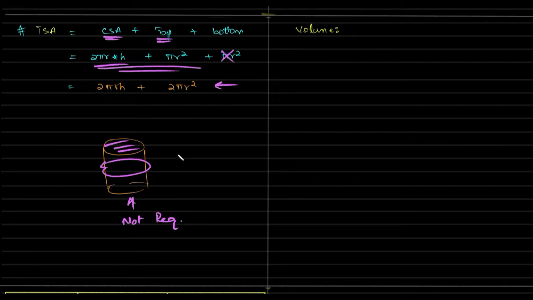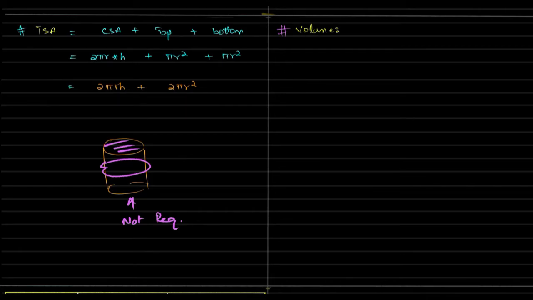The bottom won't be part of the formula in that scenario. So this is how you have to learn. You just need to think in a way wherein you segregate the diagram, think part by part, and then derive the formula for that particular scenario. Okay, so that is your total surface area.